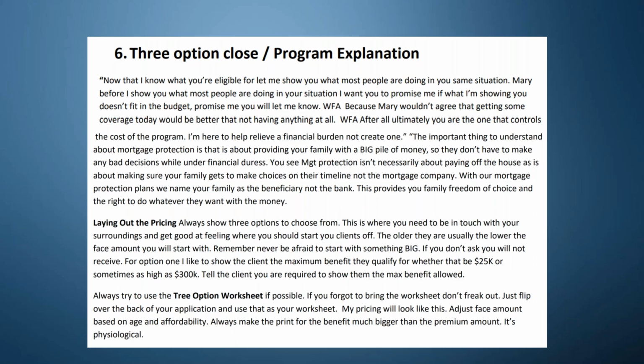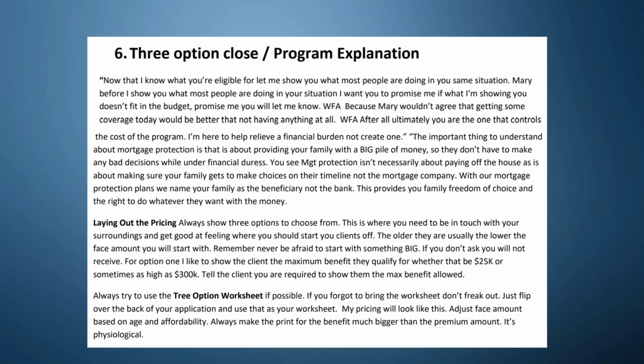So simply all I'm going to do is, before I transition into the 3-option close, I got my husband and wife. Hey guys, great. I know what you're going to be eligible for now. I'm going to show you the best program that's available, but you got to do me a favor. And here's the situation. Will you guys please promise me that if what I'm showing you doesn't fit into your budget, promise me that you'll let me know.